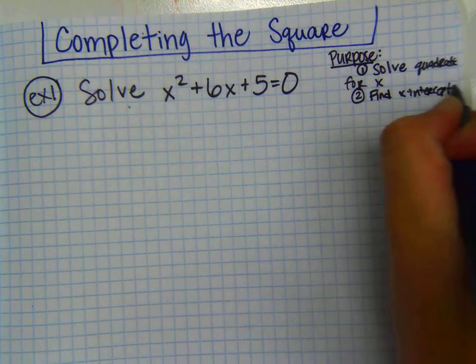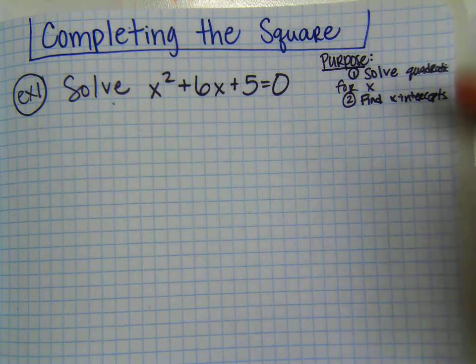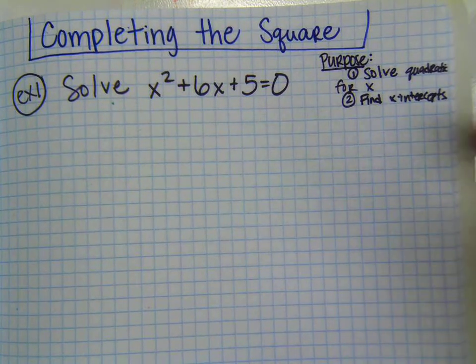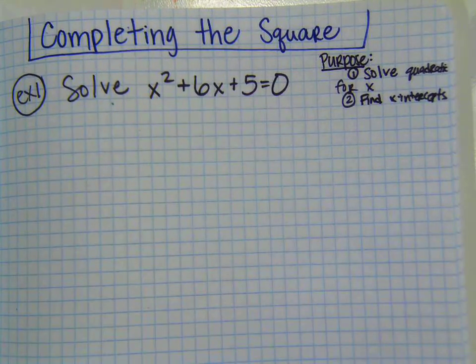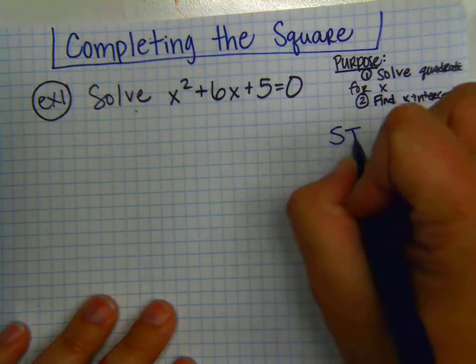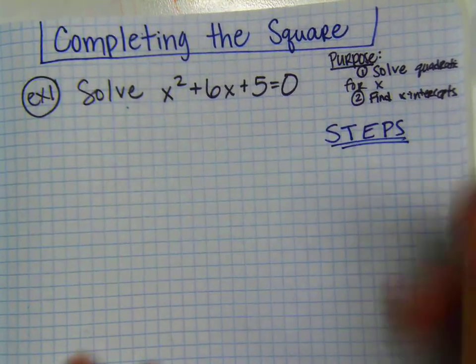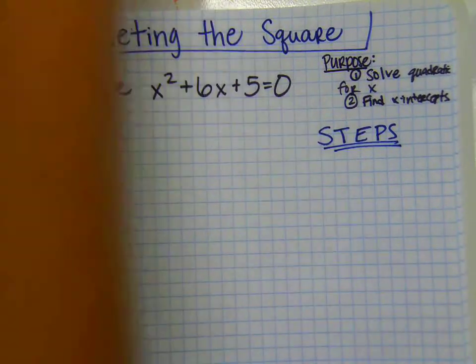And we're going to learn another reason why completing the square is important, but that's not going to be until later on. But right now we're going to solve the quadratic for x and find the x-intercepts by completing the square. So we're going to write down the steps as we go, so that we know what to do when we have other examples.